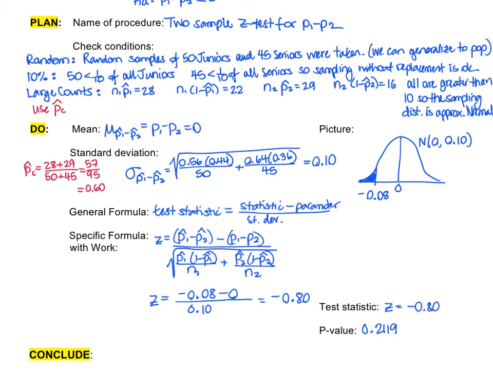And what this means now is we're going to go back and use p sub c hat in the large counts condition and in our calculation for the standard deviation.